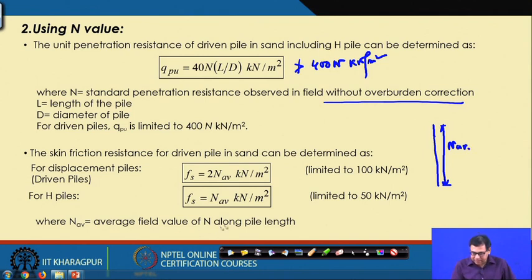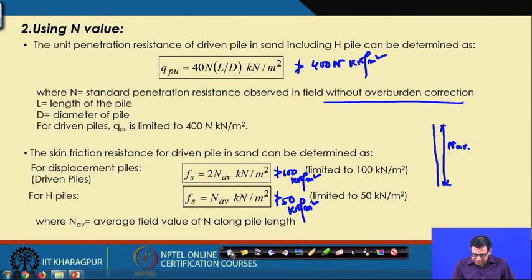That is called the N average along the length of the pile for friction calculation. Again, this value cannot be greater than 100 kilonewton per meter square. Also, this cannot be greater than 50 kilonewton per meter square. And for the tip resistance, generally the N value of the portion where the pile is rested is considered.